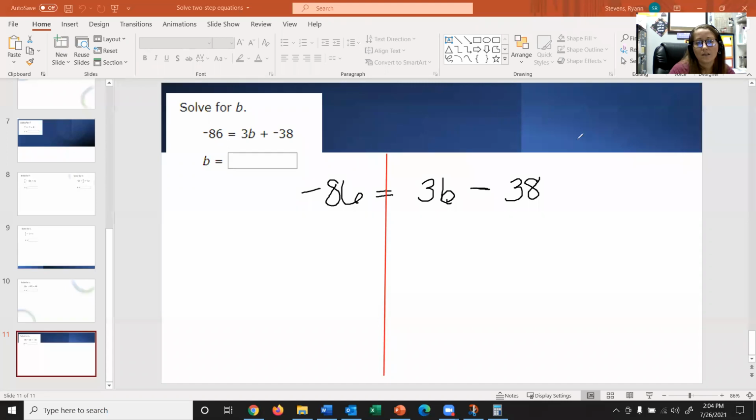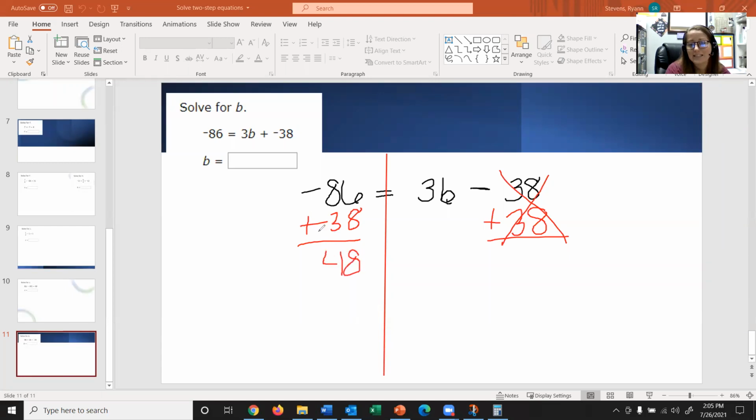This 38 is minus 38, so the inverse is to add 38 to both sides of the equal sign. This is going to cancel for us. Now, in this case, you have your addition rules. You've got a negative and you've got a positive. So we look at the bigger number, which is 86, and find the difference between 86 and 38, which is 48.